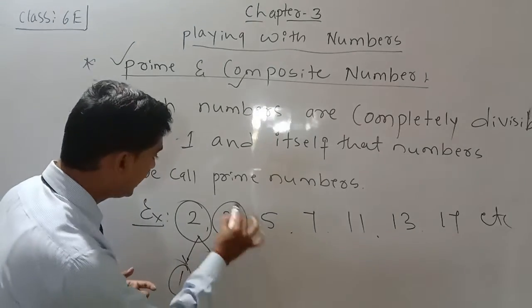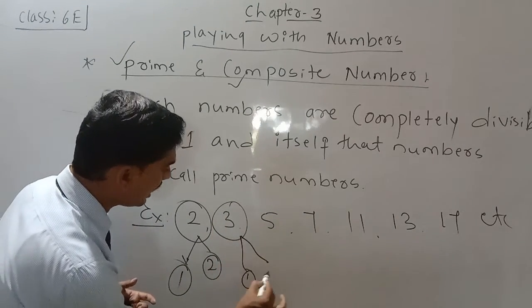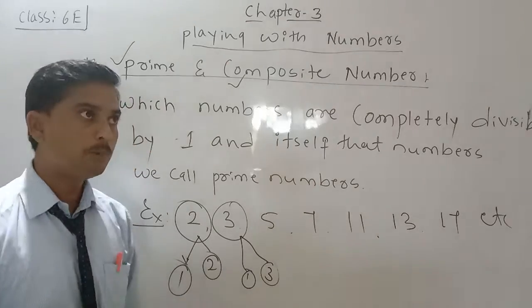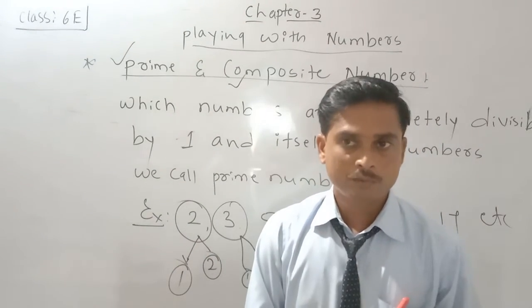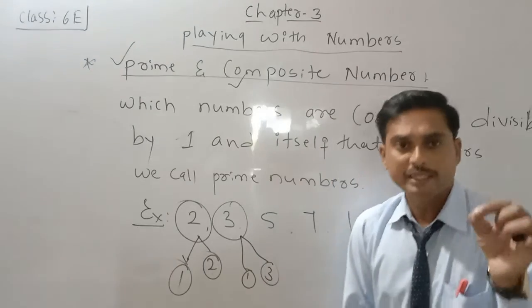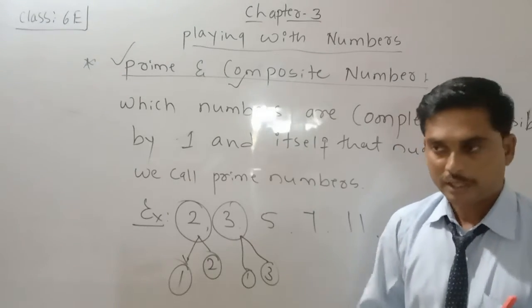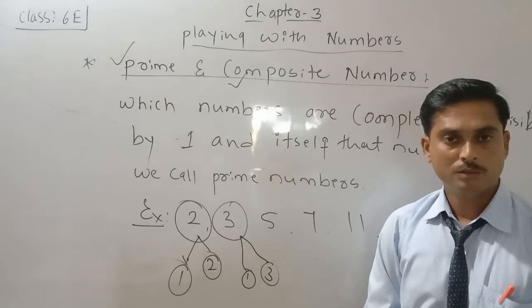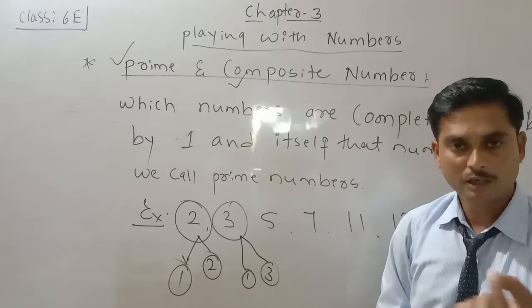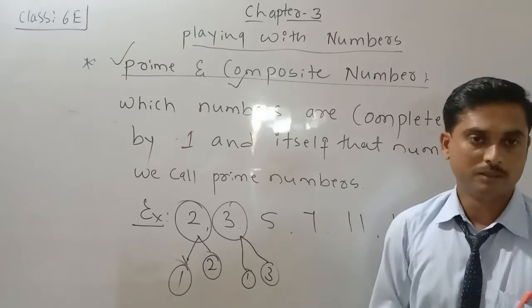And 3 is completely divisible by 1 and 3 only. Completely divisible means that the remainder is 0. We have to think that it is completely divided.